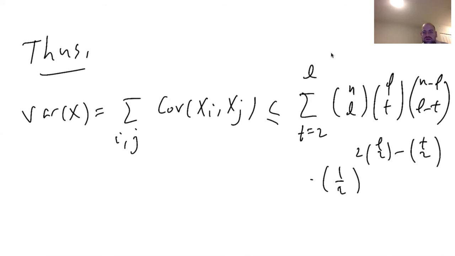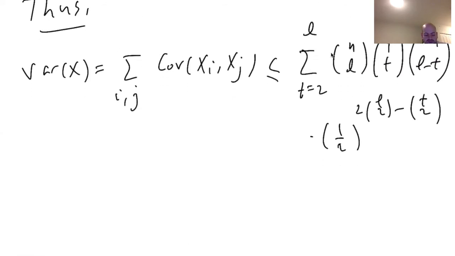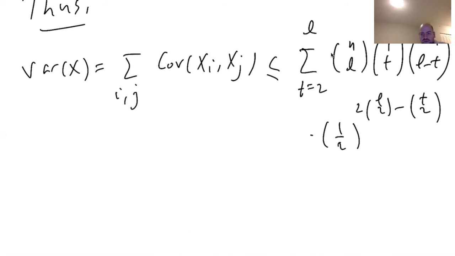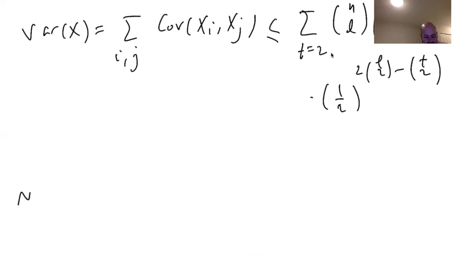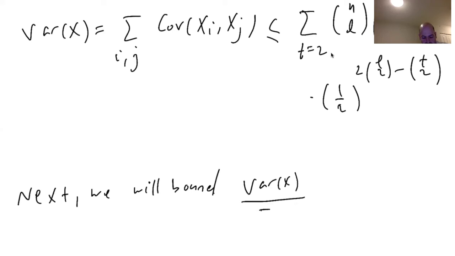Okay, now we have to bound this term, of course, divided by E of X squared. So now next, we will bound variance of X over E of X the whole squared in two cases.